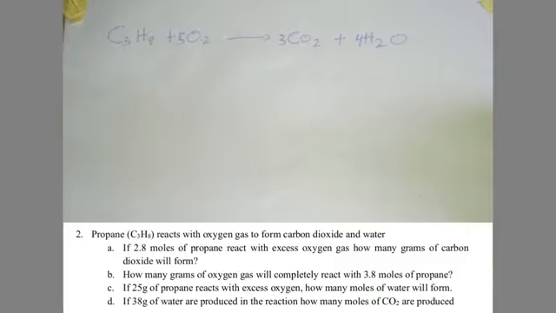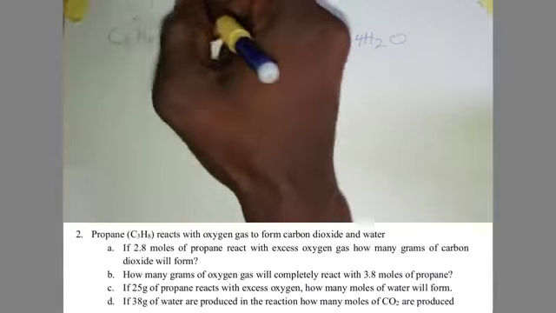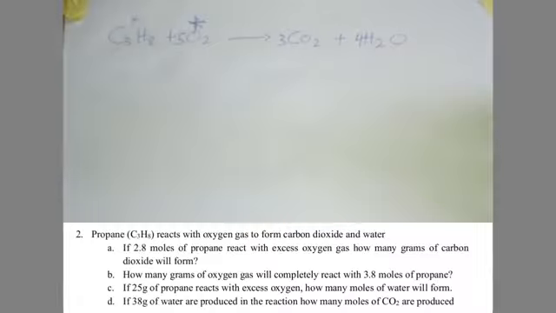The B part says, how many grams of oxygen gas will completely react with 3.8 moles of propane? You can see that the B part of the question connects propane and oxygen gas. So we are first going to use the molar interpretation to solve this problem, after which we convert our answer back to grams. Why?